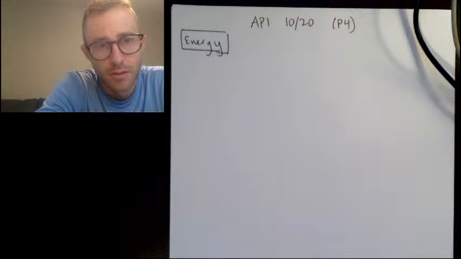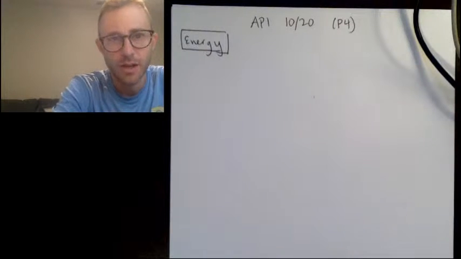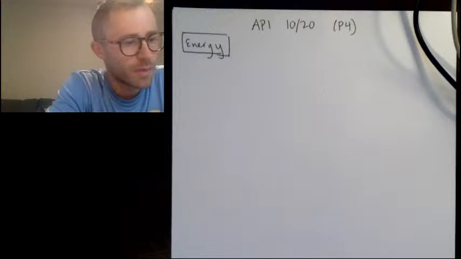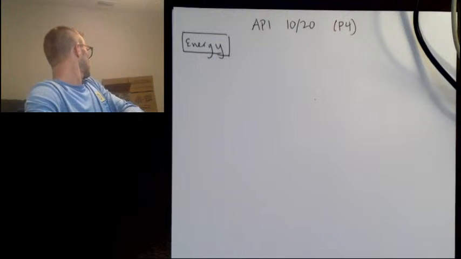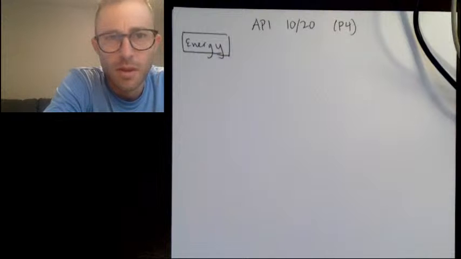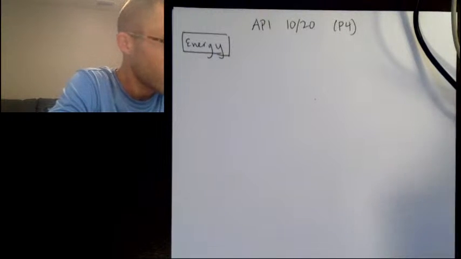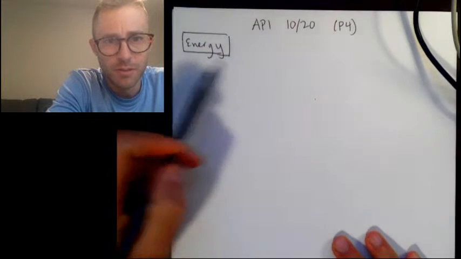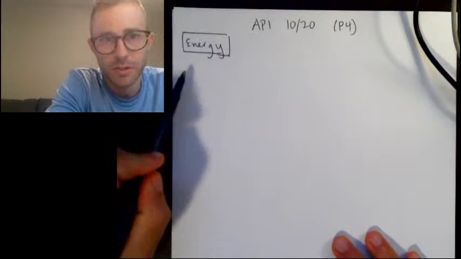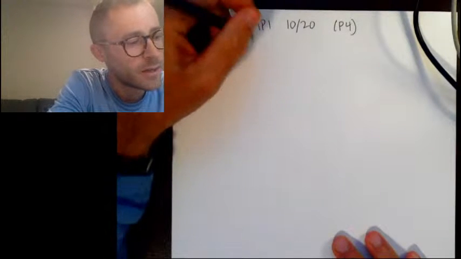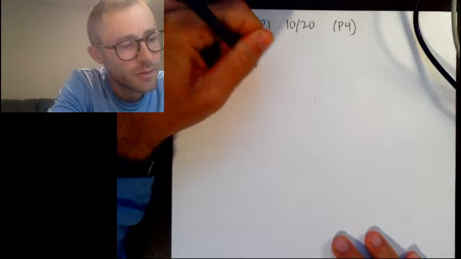If you want to do something, you have to have enough energy to do it. It's a nice way of looking at the world. I'm not even going to bother writing down the definition right now because it's kind of abstract. So we're just going to start off by talking about some different types of energy.